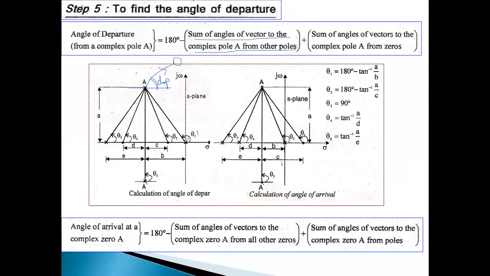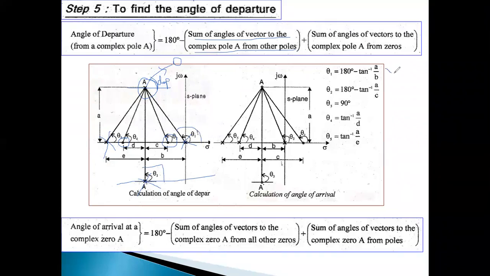We have to measure. Here is one pole. If we assume one more zero here, one more zero here, one more pole here, and one more pole here, so total 3 poles, 2 zeros. Draw the vectors from all the other poles and zeros to this pole and measure the angle using a protractor. So this is 90 degrees, measure the angle.